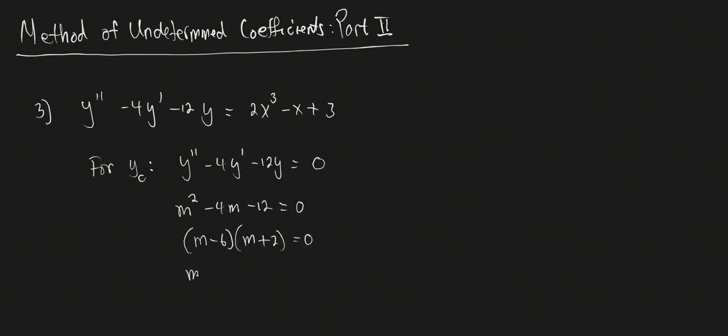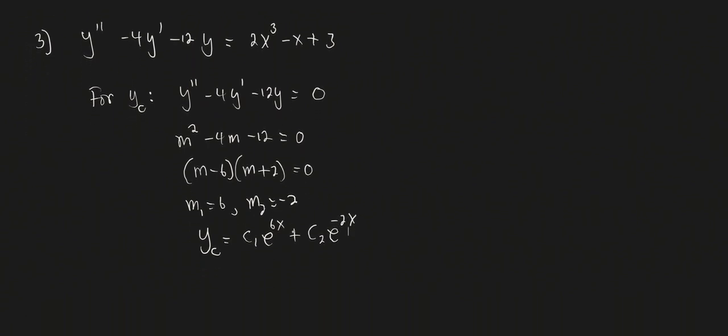So we got our two real distinct roots. m1 is 6, m2 is negative 2. And then using the first version of our superposition principle, the general solution of the homogeneous equation is c1 e to the 6x plus c2 e to the negative 2x. There we go, right?